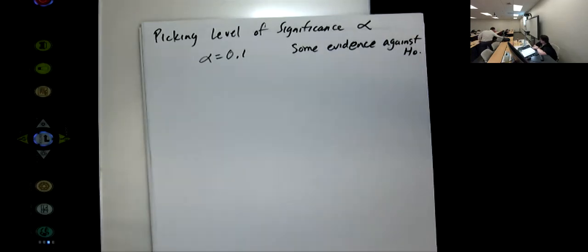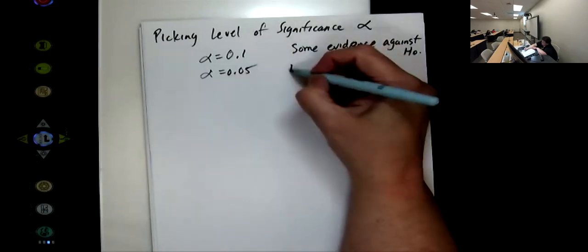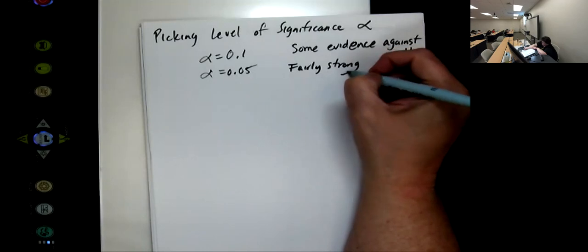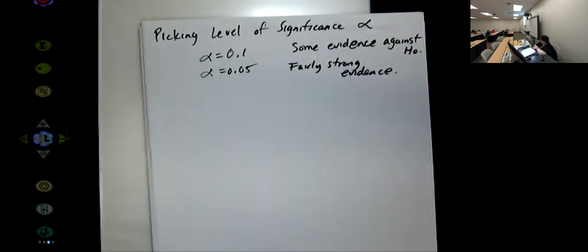When alpha is 0.05, there's fairly strong evidence. That's our default setting.